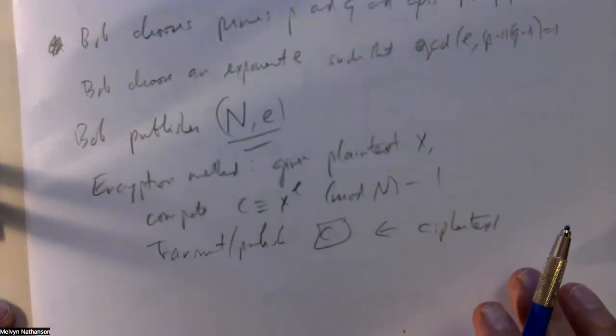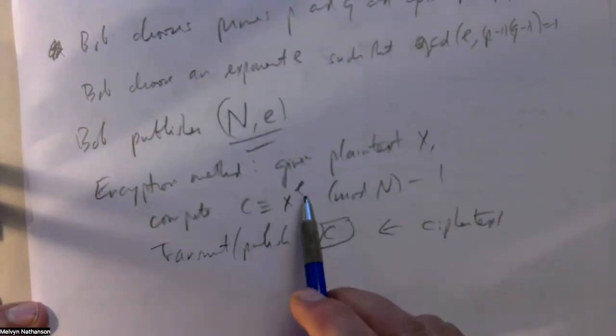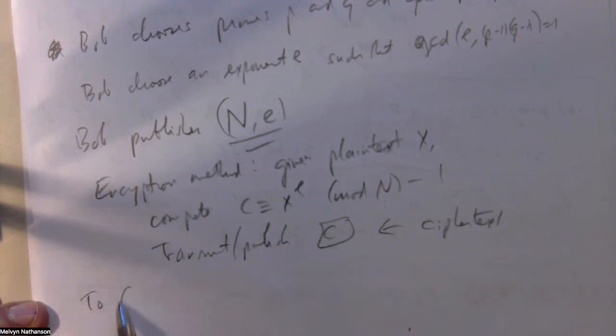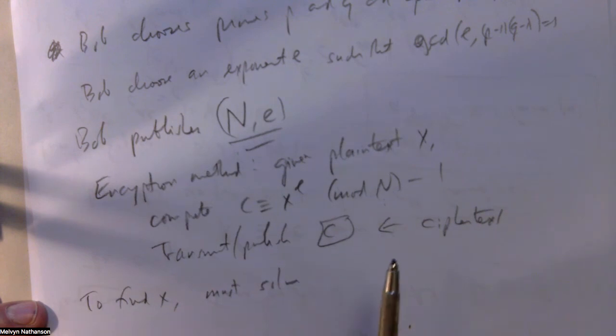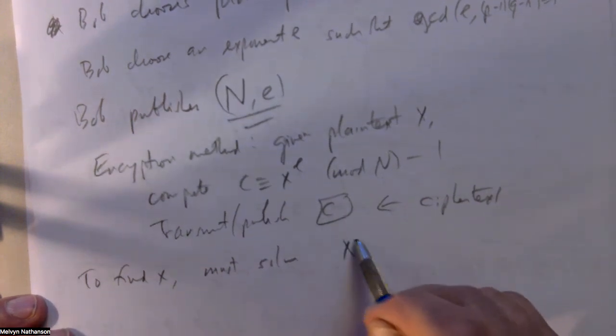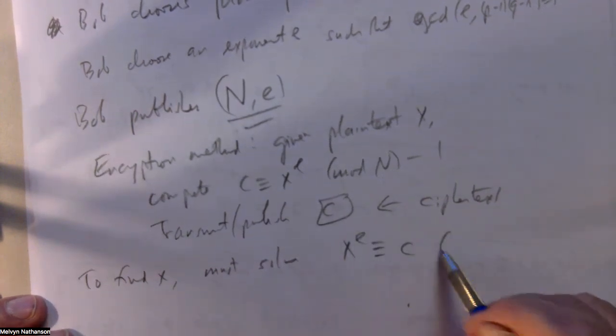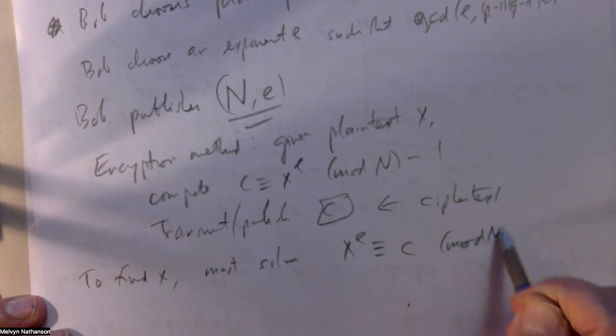So we want to find X. To find X, that is to decipher the message, we must solve the congruence X to the E congruent to C mod n.